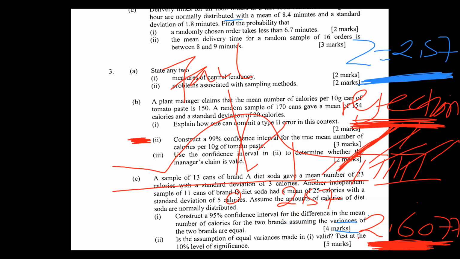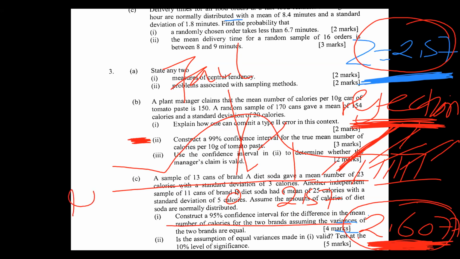There is this critical Z that you get from the table, plus this one which you calculate from the formula, X bar minus mu over the standard deviation. You compare these two. If you find that this one which you have calculated falls to the right of this, meaning it falls in the rejection region, it's greater.